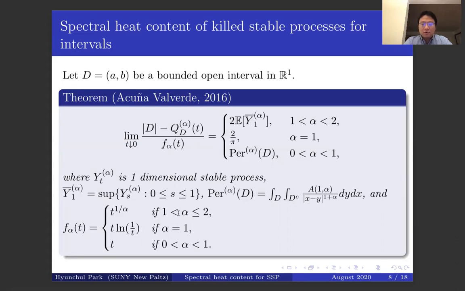When alpha is between 1 and 2, the rate is t^{1/alpha}. When alpha is 1, there's an extra log(1/t) term. When alpha is between 0 and 1, the rate is t instead of t^{1/alpha}. And then the second term is given by this expression. So this is the dimension 1 case for an open set.